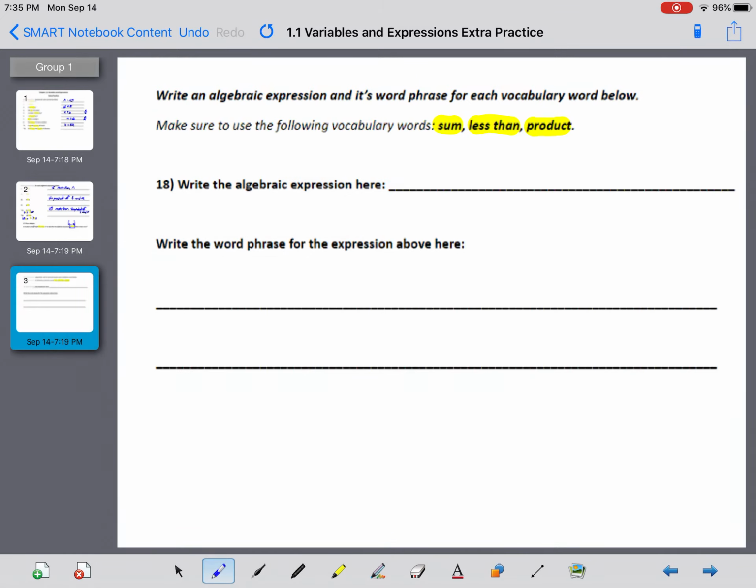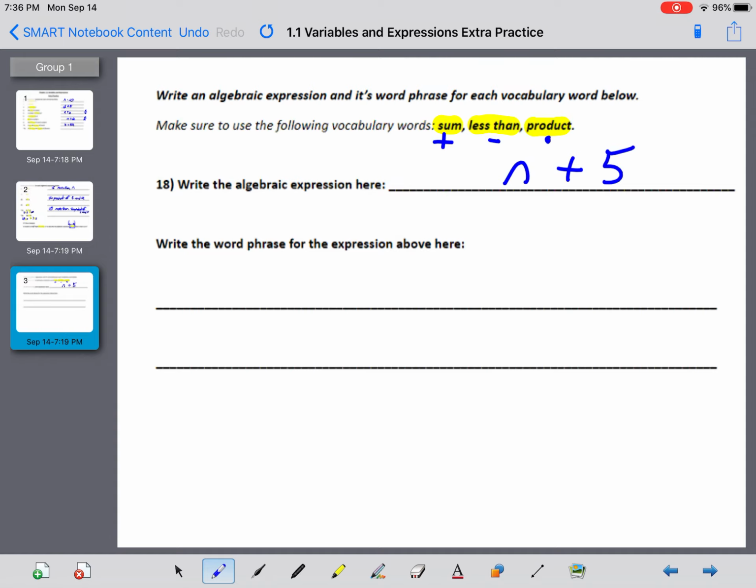I'm going to use sum, okay? So an algebraic expression using sum we know would be addition. Less than is subtraction. Product is multiplication. So I'm going to write n plus 5.